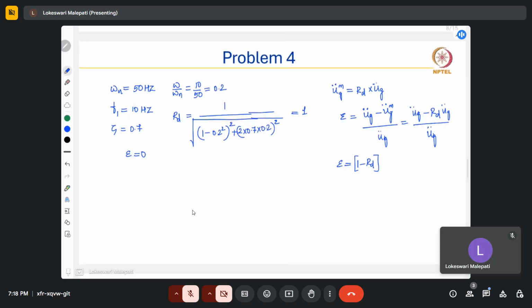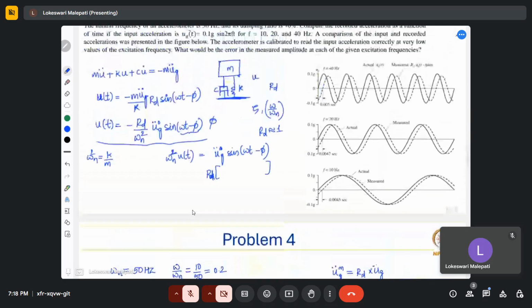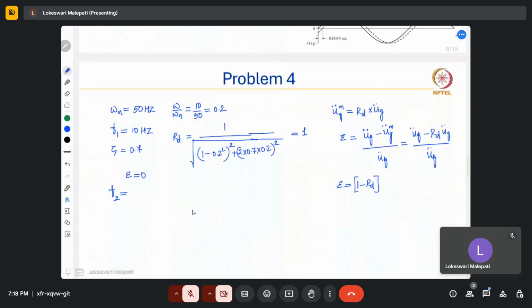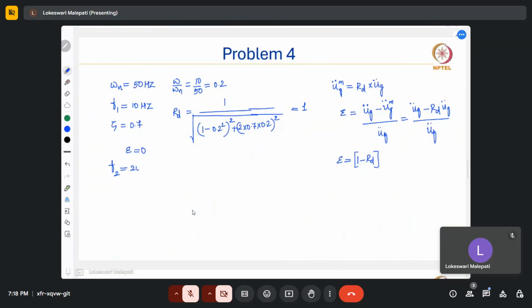So let's do the same thing for the next one. F2 is equal to 20 hertz. For this case, what is the frequency ratio? Frequency ratio is 20 by 50. That would be 0.4.